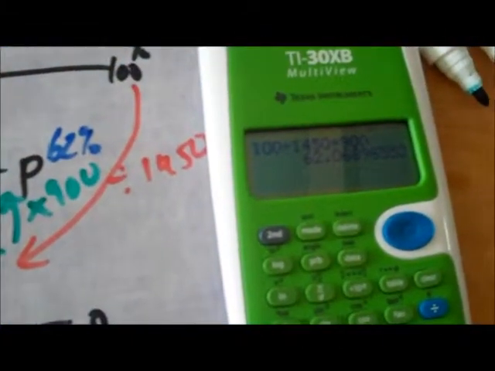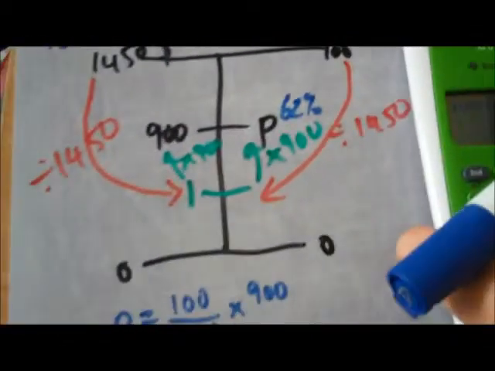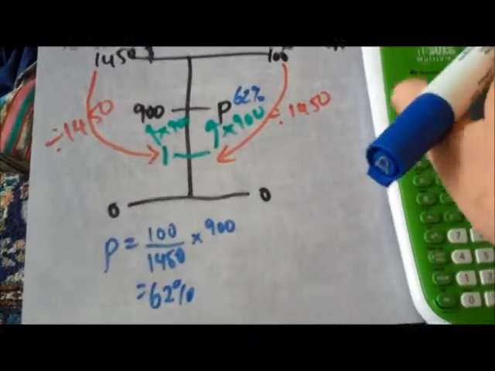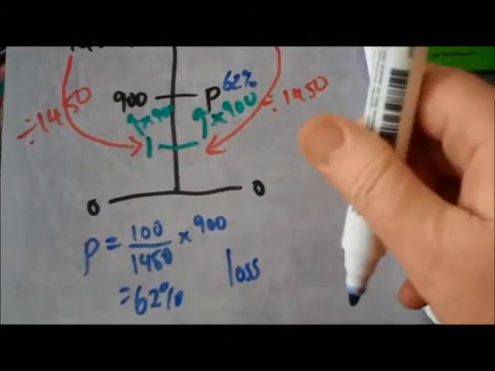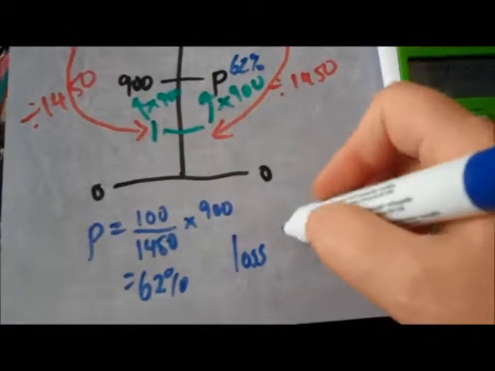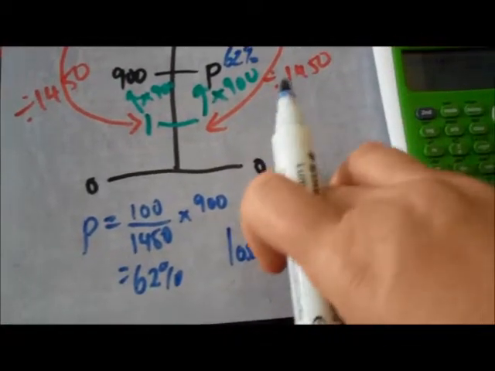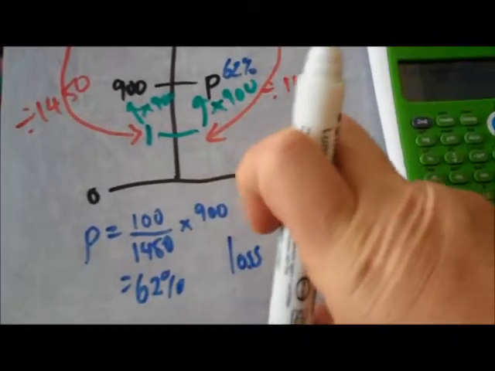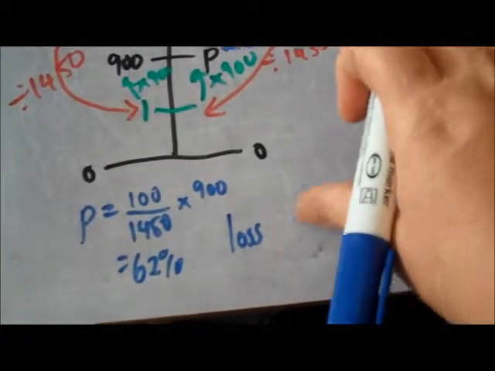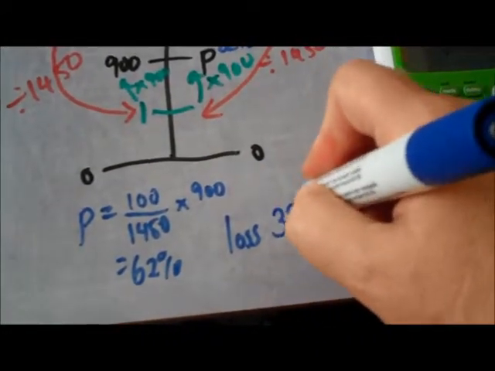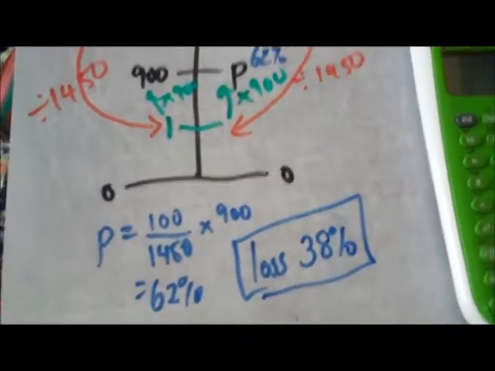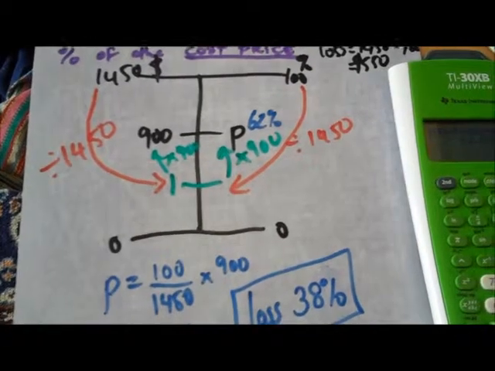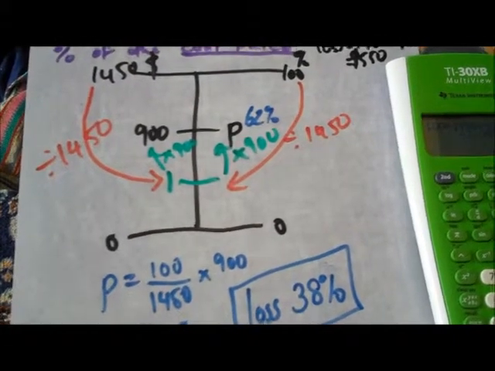So this percent is 62%. That means her loss in terms of the cost price was, sorry, not 18. What's 100 minus 62? 38%. So the loss is 38% if I buy something for $1,450 and I sell it for $900.